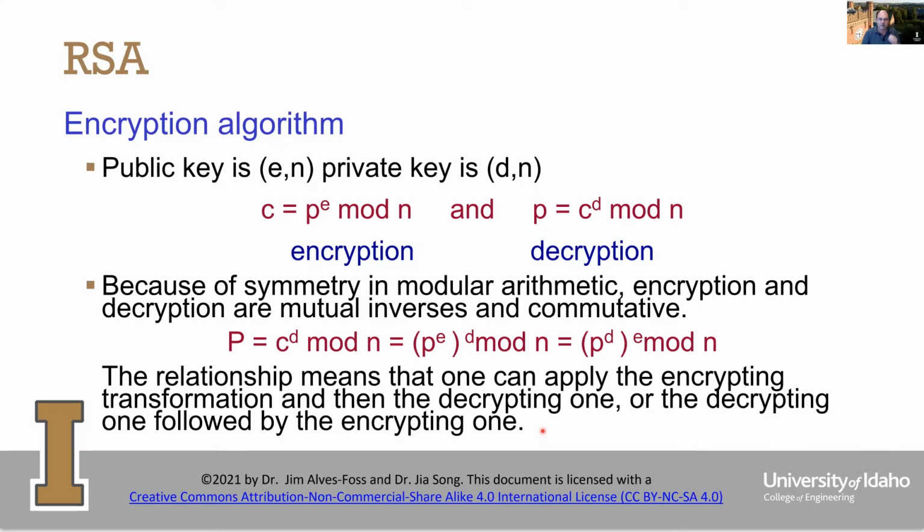Okay. And I can decrypt first and then encrypt. I can encrypt first and decrypt. But the important thing to understand is we have this ability. We have this, oh boy, I got phones ringing on both ends. I have this ability to take a plain text value, a very large 512-bit plain text.